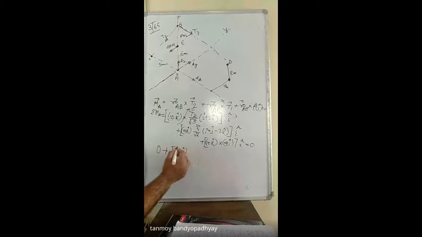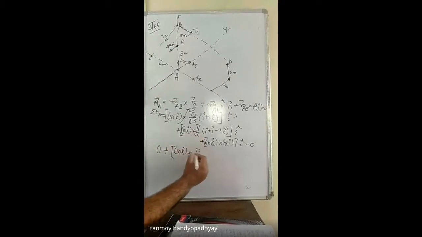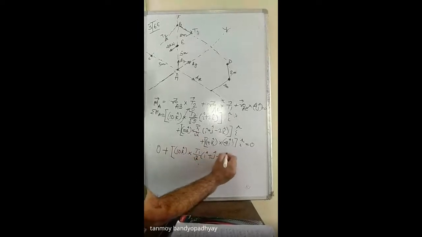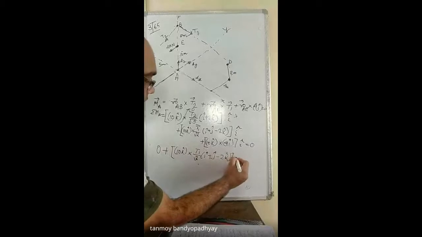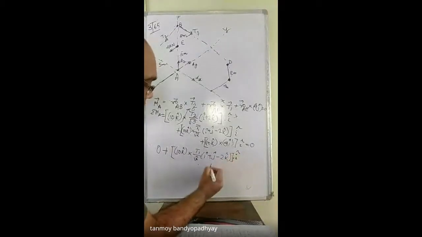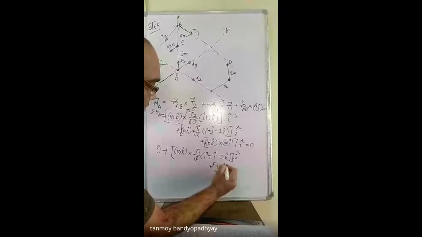So 10 k cap cross T1 by root 6 into I cap plus j cap minus 2k cap, এটার সাথে dot I plus 10k cap. স্যার 5k ক্যাপ হবে না ওটা?